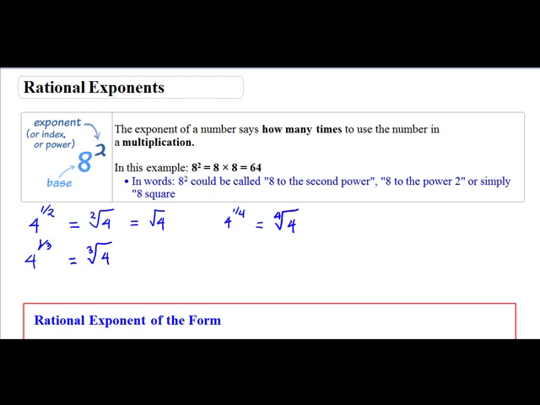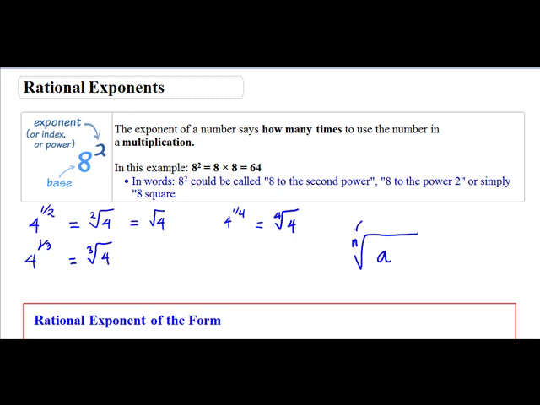So now when you have the fractional exponent, just know where to write a radical. See, it's a radical. Remember, the power also means index. So here is how we generalize this.